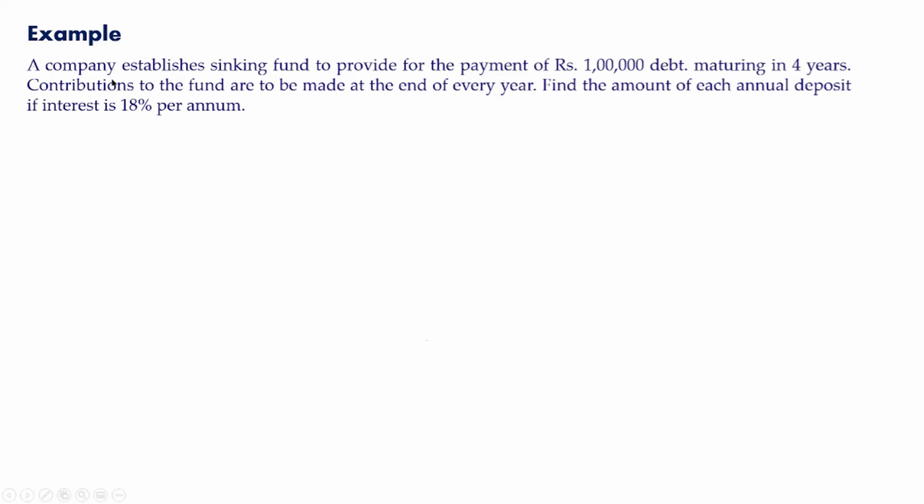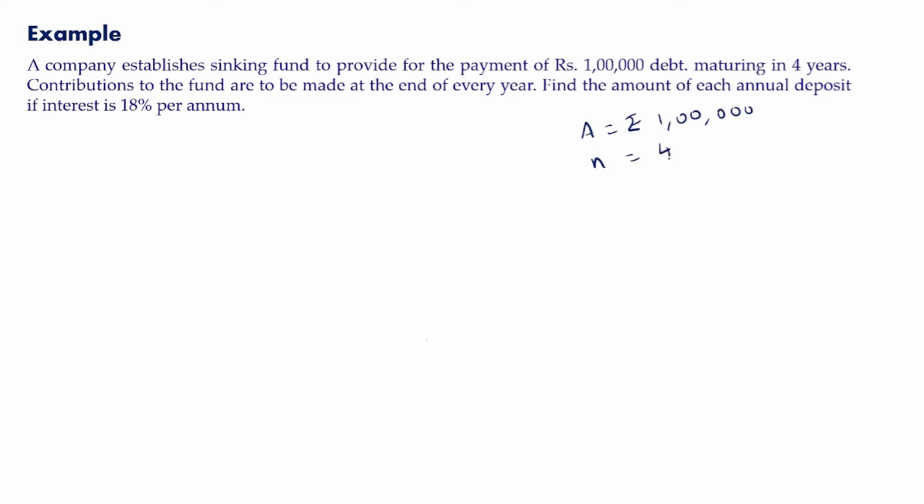So here it is given a company establishes a sinking fund to provide for the payment of rupees 1 lakh debt. So the amount in the sinking fund should be rupees 1 lakh, and it is maturing in 4 years. Contributions to the fund are made at the end of every year, so it is an ordinary annuity only.